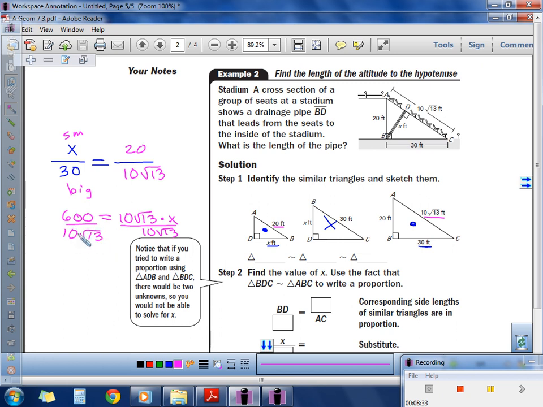One little trick that I know, these are multiplying, so I can kind of cancel zeros. If I know this is 10, I can get rid of that if I get rid of a 0 there. So I can, in the calculator, do 60 divided by square root of 13. Try that real quick. Try 60 divided by square root 13. And tell me what you get.